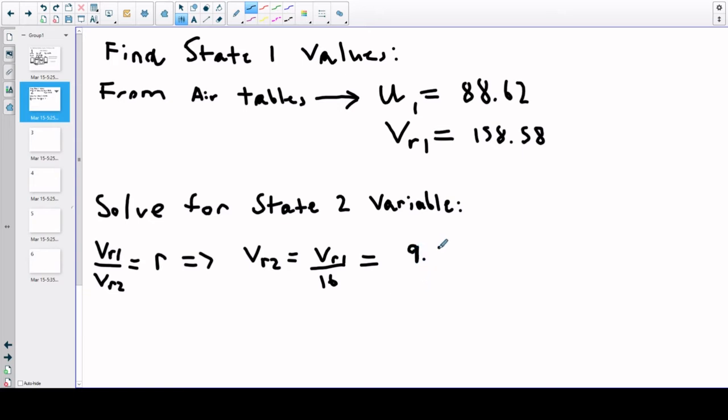You just have to know the problem and what's changing. That's how I always do it, but if you can remember the equation, by all means do so. So you get VR2 to be 9.911.